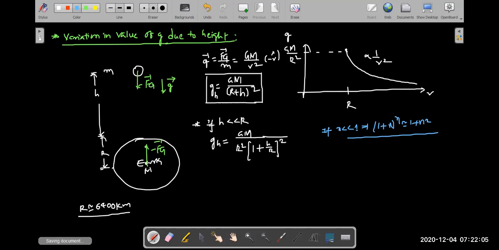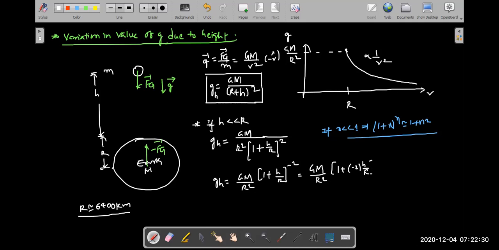Based on this logic, let's take this to the numerator. g_h will be equal to GM by R square times 1 plus h by R whole power minus 2. As per this binomial approximation, this will be GM by R square into 1 minus 2h by R.